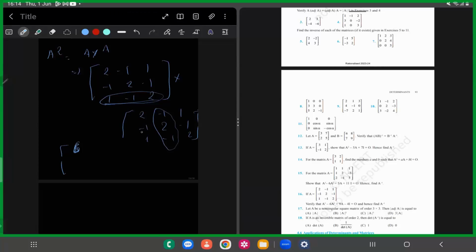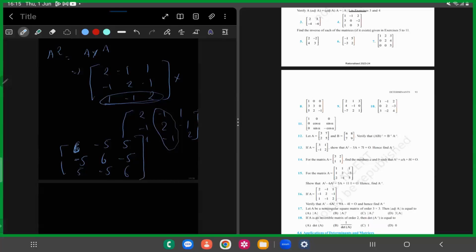So this is minus 2 plus minus 1, so this should be minus 5, and this should be minus 5, and this should be 1 plus 4 plus 1. So this should be 6, and this should again be minus 5. This is minus 5, and this is 1 plus 1 plus 4. So this is 6. Okay.